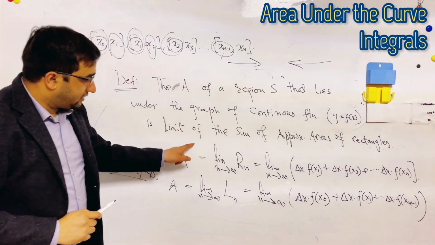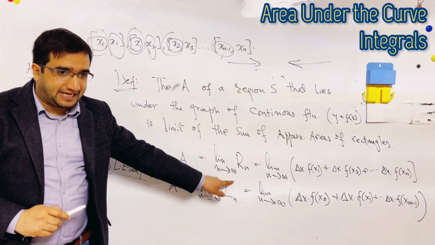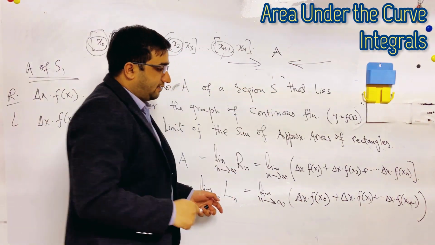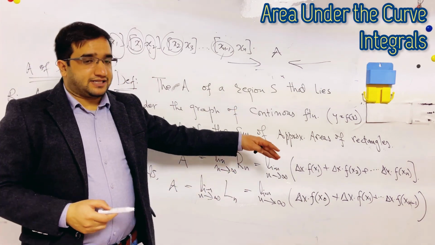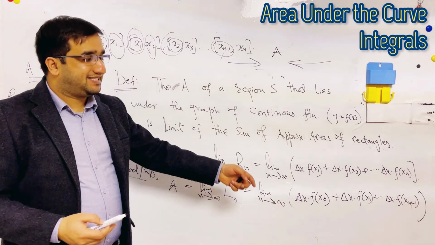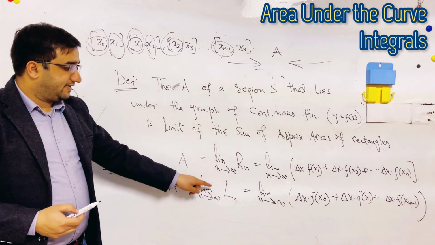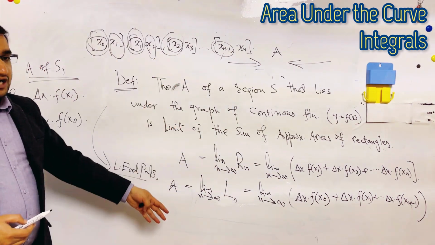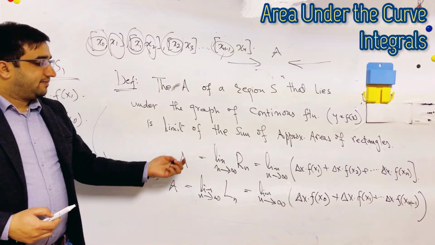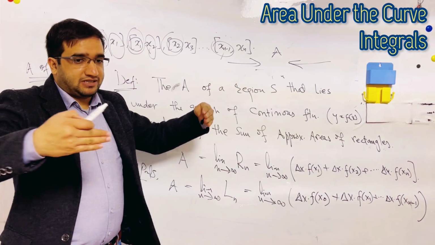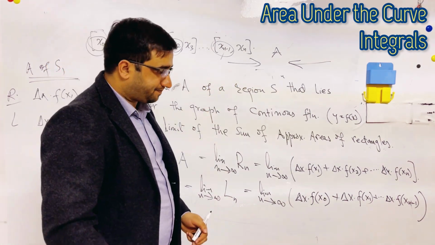But if you calculate the value in the form of n, the answer will always be the same. For example, in the previous example, the answer from both sides was 1 by 3. So, in general, the answer will be the same whether you take the left points or the right points. But with a small number of pieces, the values will come from both sides.